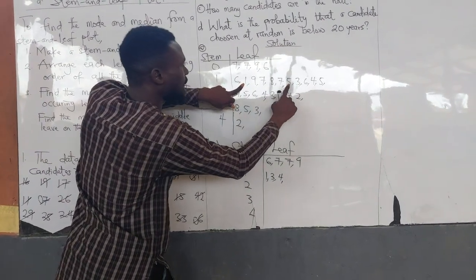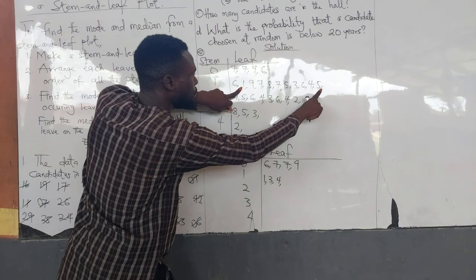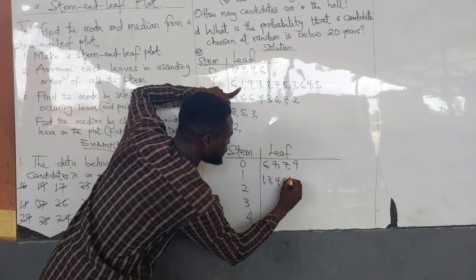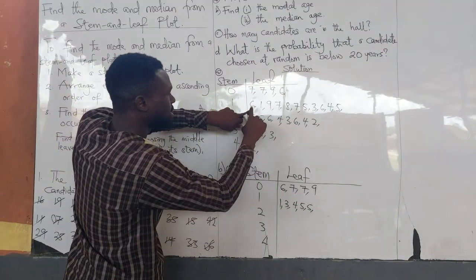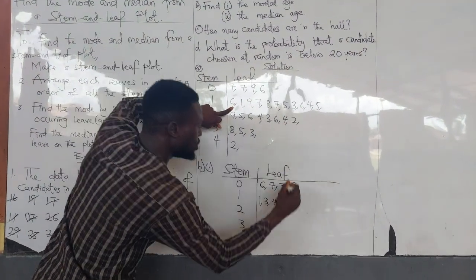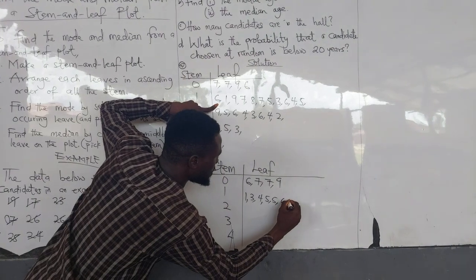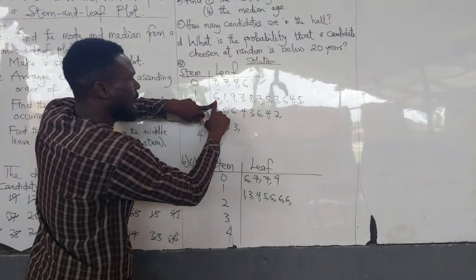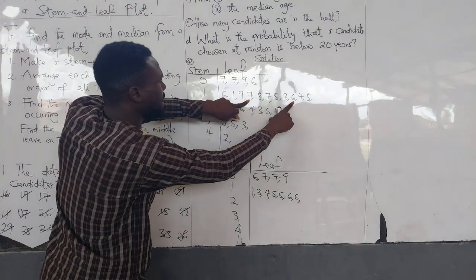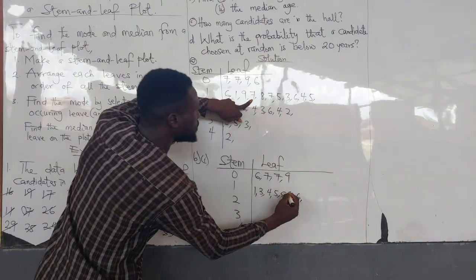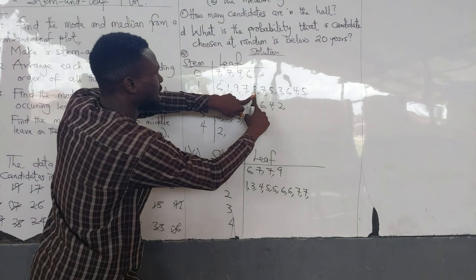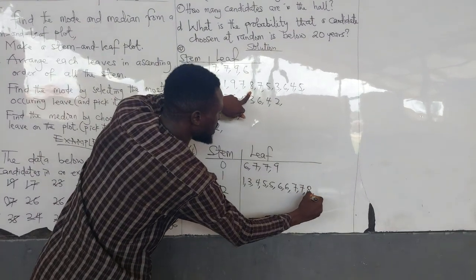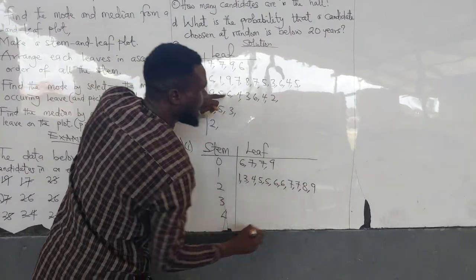After 4, we have 5, 5, so we record 5, 5. After 5, we have 6, 6, so we write 6, 6. After that, we have 7, 7, 7, so we have 7, 7. After that, we have 8. And finally, we have 9.